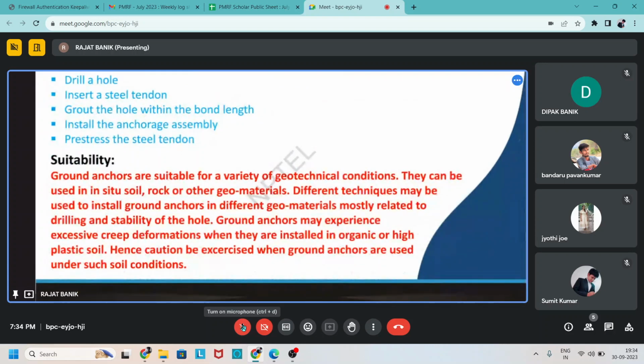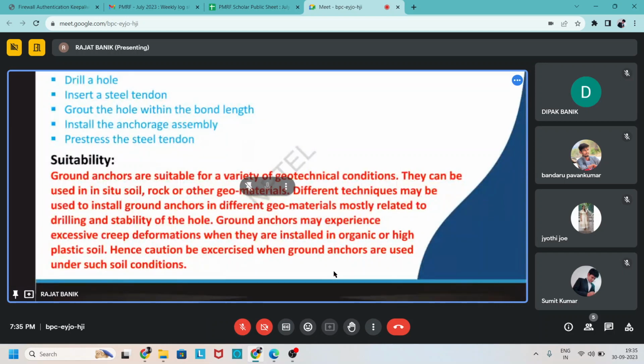These ground anchorages are suitable for a variety of technical conditions. They can be used in in situ soil, rock, or other geomaterials. Different techniques may be used to install the ground anchor in different geometries, mostly related to the drilling.